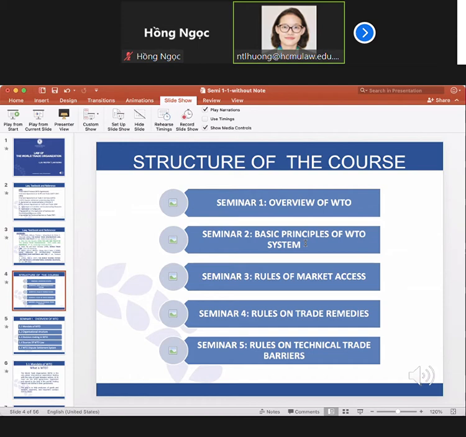And in seminar 4, we're going to spend time reading through the rules on trade remedies. As you all know, trade remedies are also a very important requirement to be controlled in order to promote trade between nations.